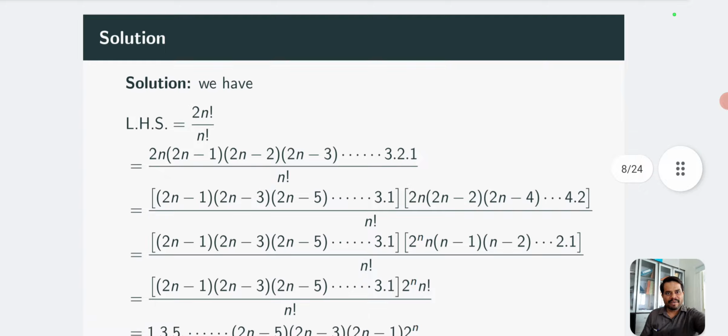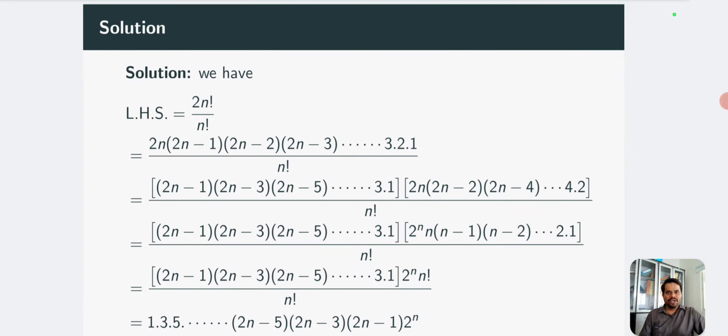By definition of factorial, we can write 2n factorial as 2n into (2n minus 1) into (2n minus 2) and so on up to 1, divided by n factorial as it is.